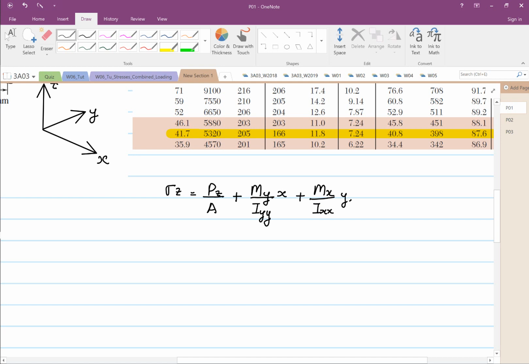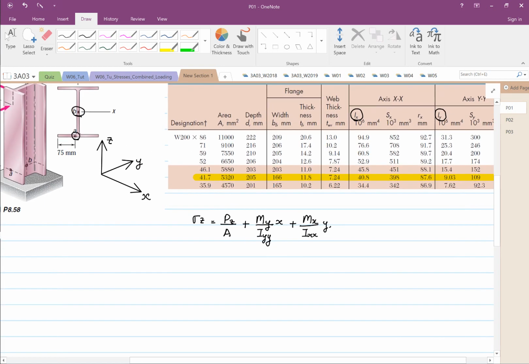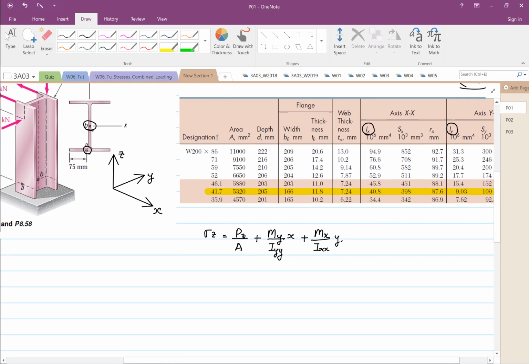So that's why it's critical to know where your Iyy and Ixx are.